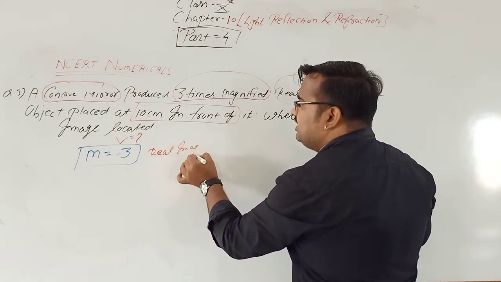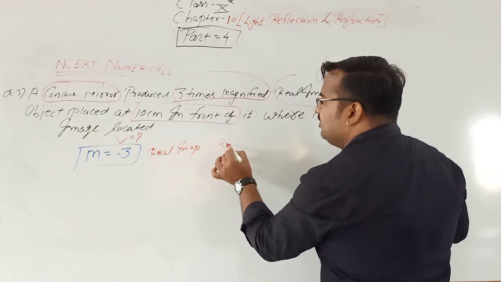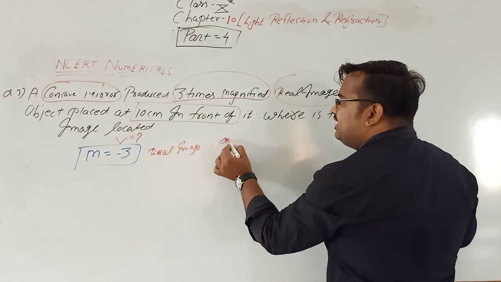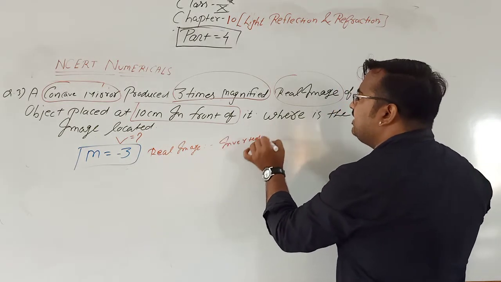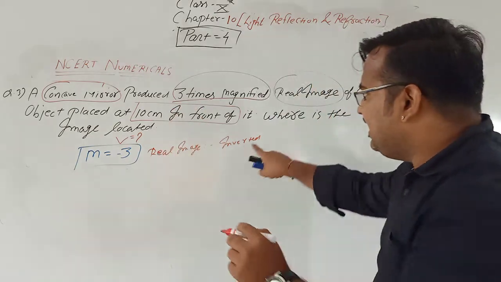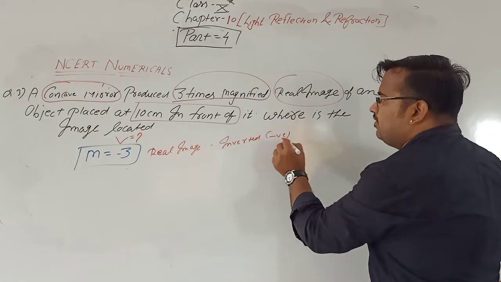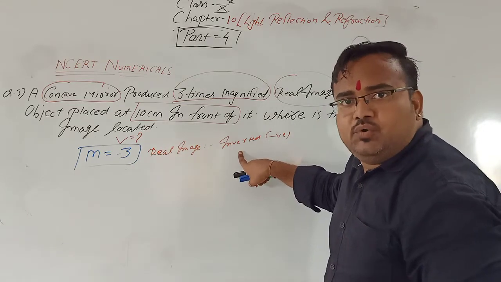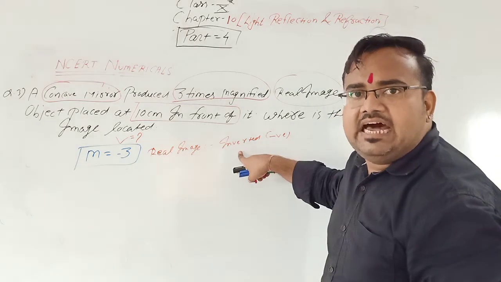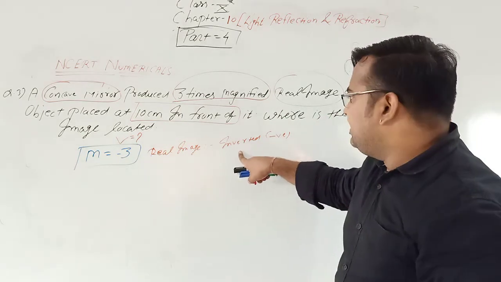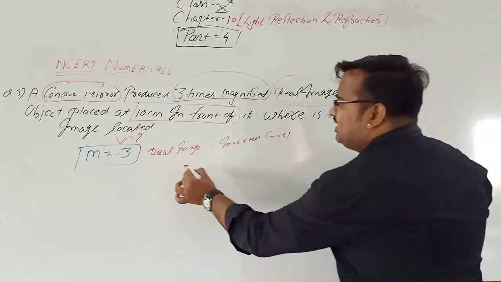The real image is always inverted, and inverted means negative. As I have told you, you should remember the word IR. If the image is real, then it is inverted.